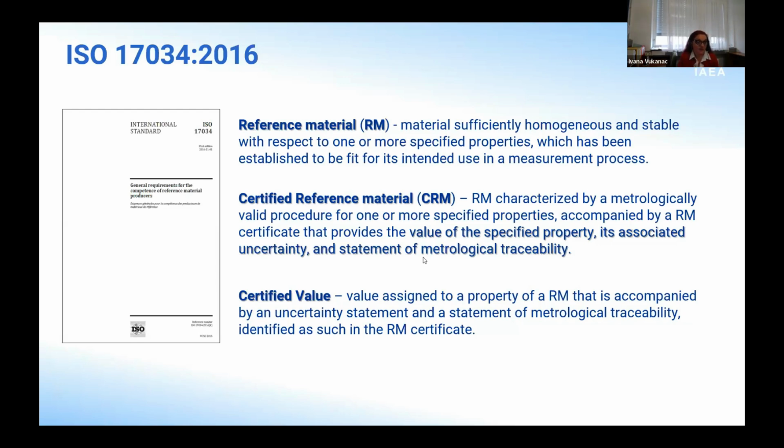Certified reference material is reference material characterized by a metrologically valid procedure for one or more specified properties, accompanied by a reference material certificate that provides certified values, the value of a specific property and its associated uncertainty, and a statement of metrological traceability. If we speak of radionuclide reference material, the specified property or analyte is radionuclide activity per unit mass or per volume unit.